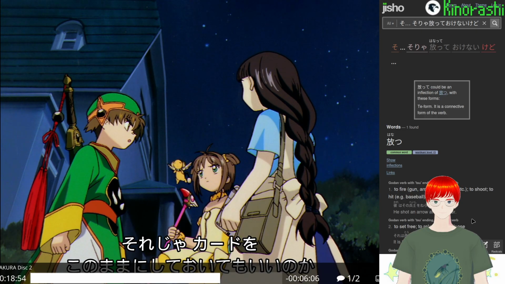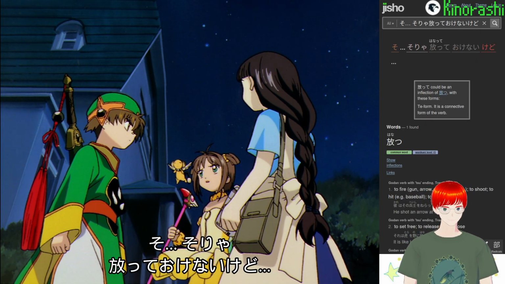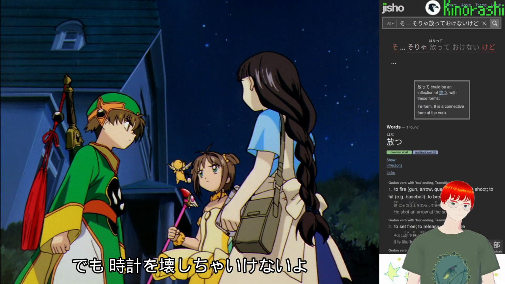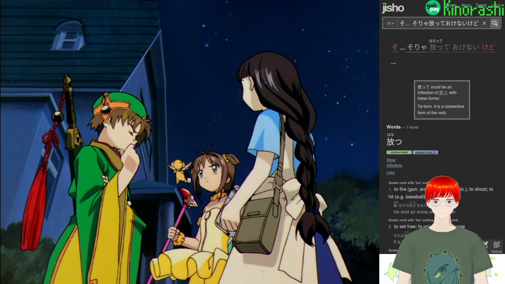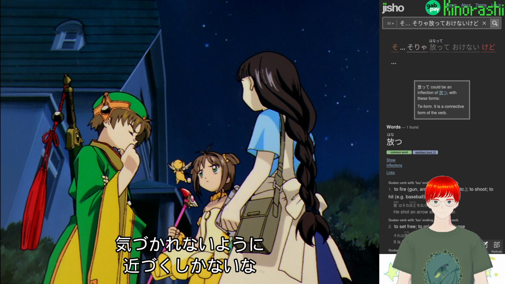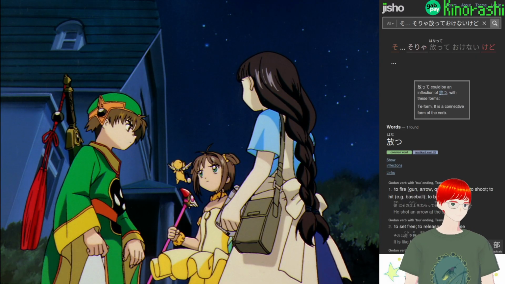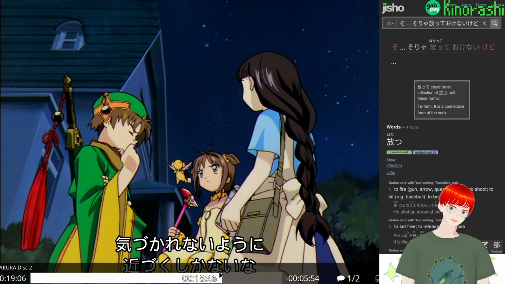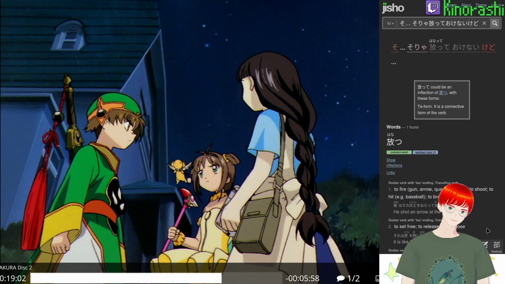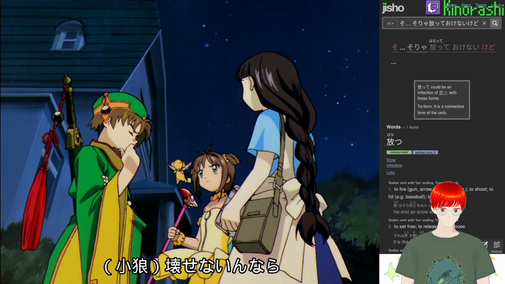これじゃあカードをこのままにしておいてもいいのか。 そりゃ放っておけないけど、でも時計を壊しちゃいけないよ。 壊せないんなら気づかれないよ。壊せないんなら壊せない。 Kawasanai nara.